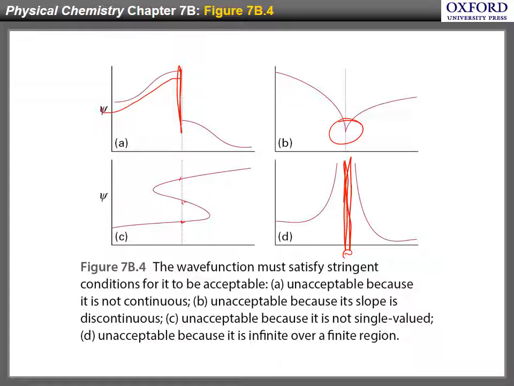Having said this, there are cases in which potential energy has peculiar properties. Potential energy can allow several acceptable wave functions to exist when, for example, the energy rises abruptly to infinity.